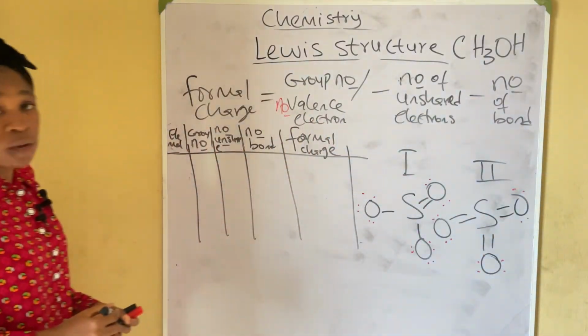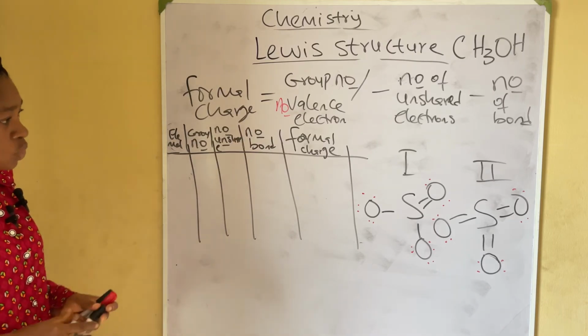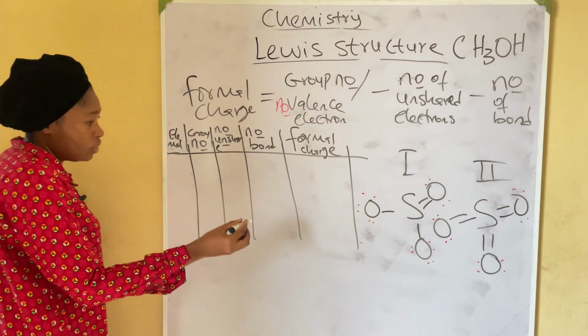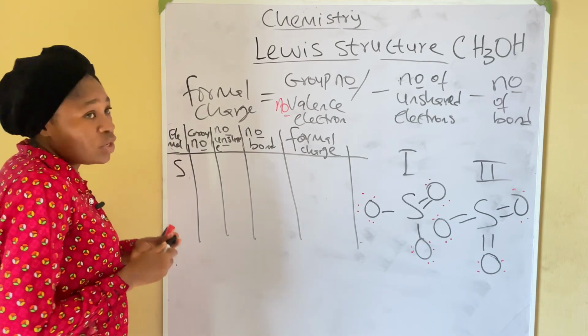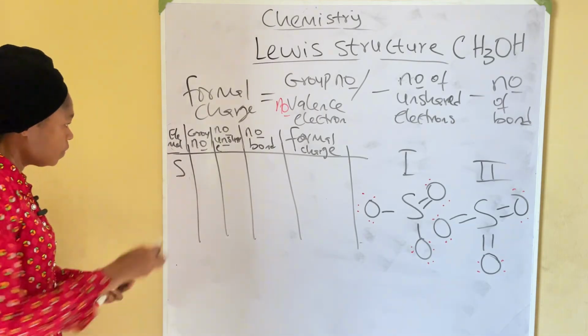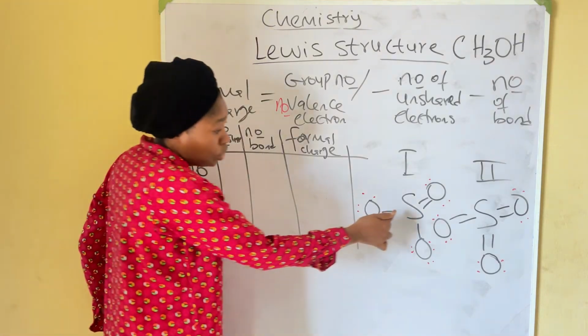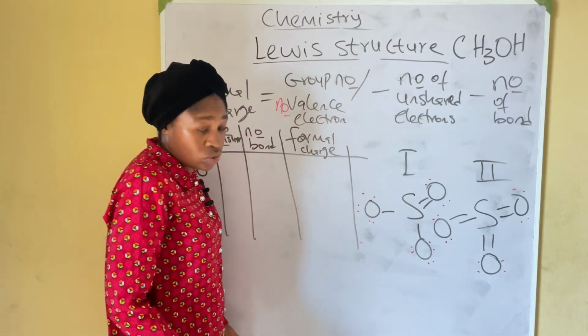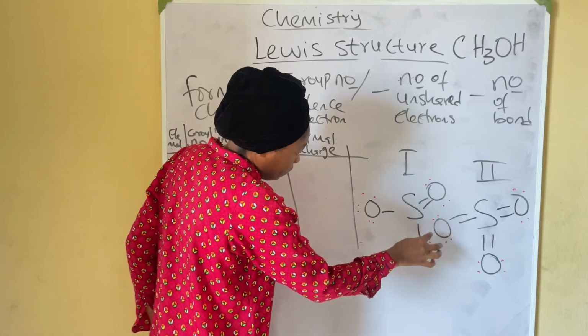Let's look at the one that is the most plausible structure, or the most stable. Let's start from sulfur. Sulfur is in what group? Group 6. What's the number of unshared electrons? Does it have any unshared electrons here? No, it does not. This dot is for oxygen. Sorry, it does not have.